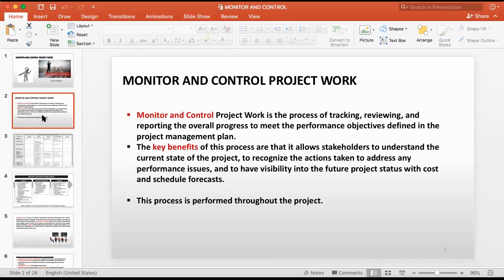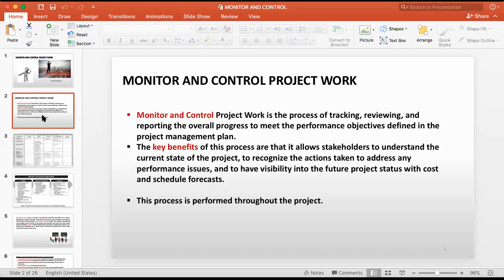You check everything. You have to maintain your time, your cost, and your scope. Tracking your progress means you are comparing with your baselines, and you monitor the work.